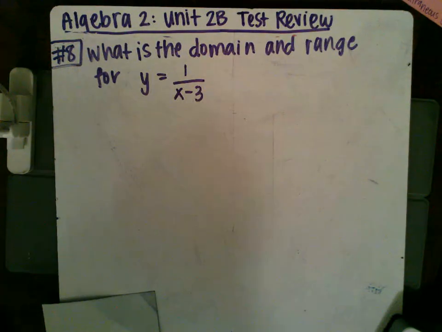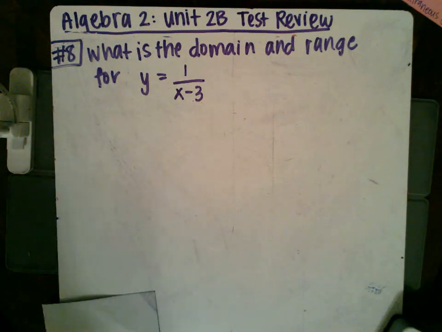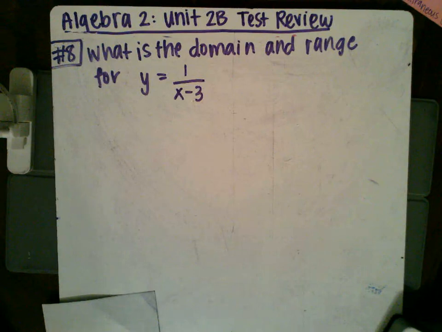Those are what interrupts our domain and range. So normally our domain and range is everything, all real numbers from negative infinity to positive infinity. But the breaks in the graph mess up our domain and they mess up our range. So we need to find out where those things are.